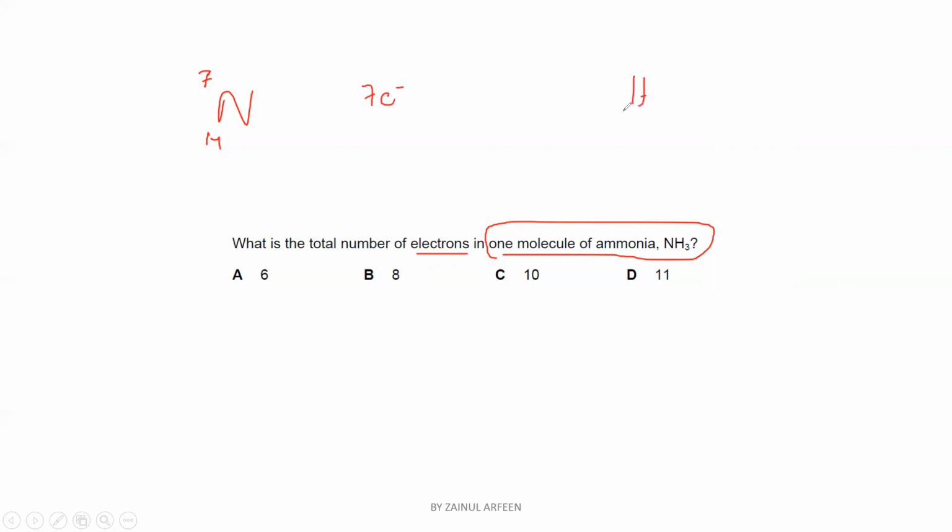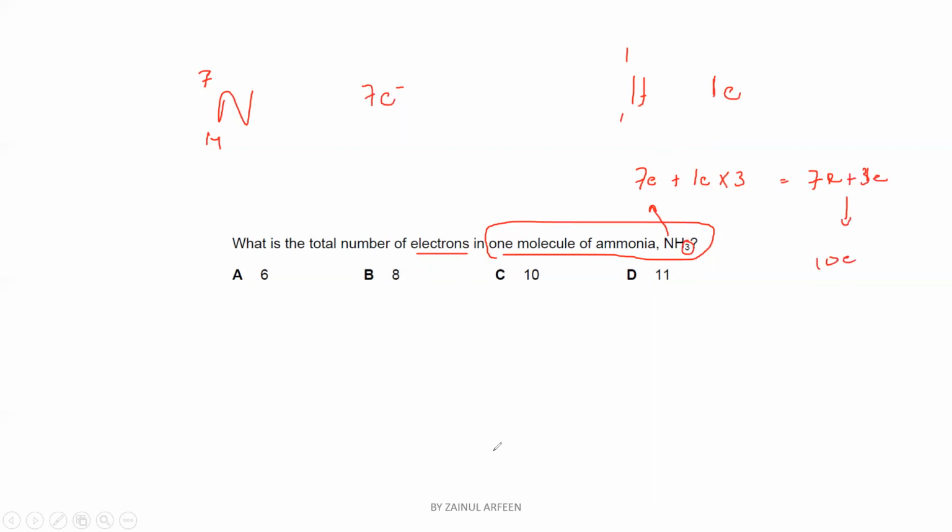And when you check hydrogen, it is having 1 electron. Each hydrogen is having 1 electron, but how many hydrogens are there? 3. So this will be 1 multiplied by 3. So what is the total number of electrons present in NH3? So it will be 10 electrons.